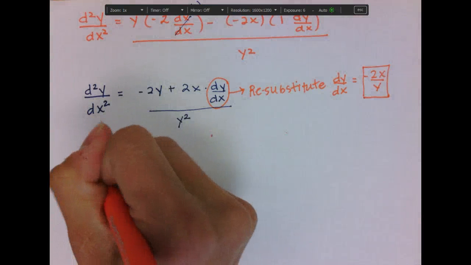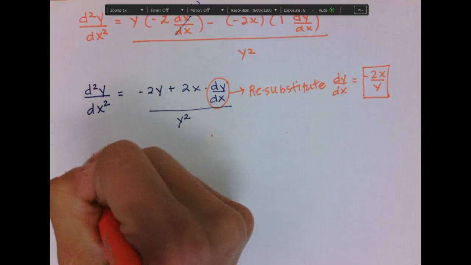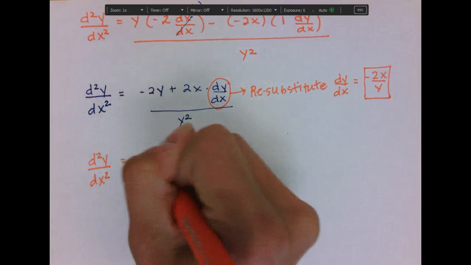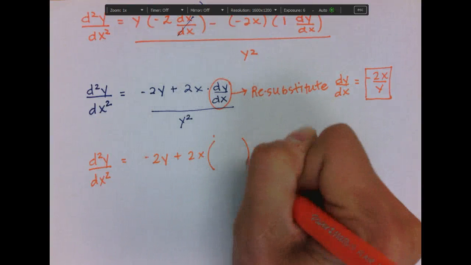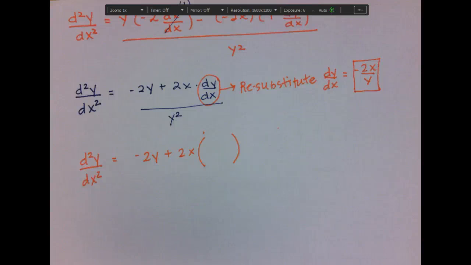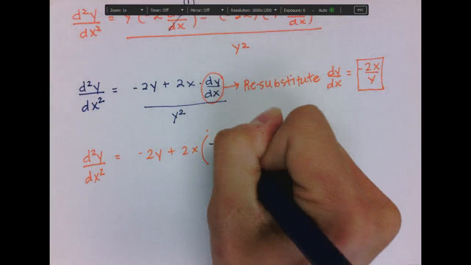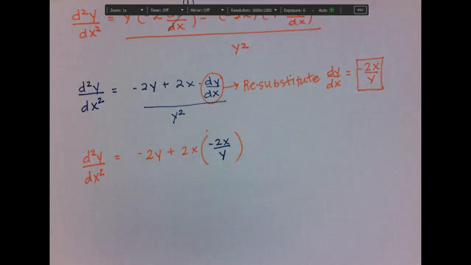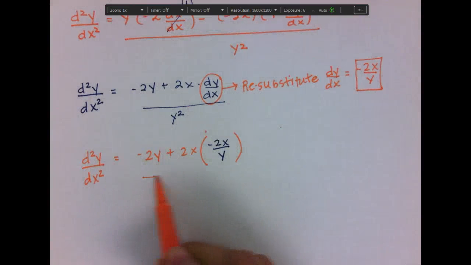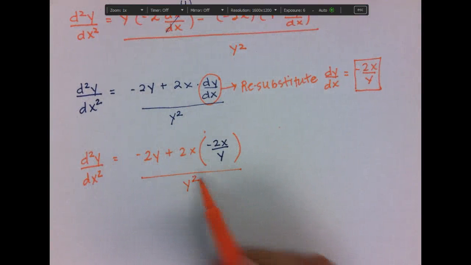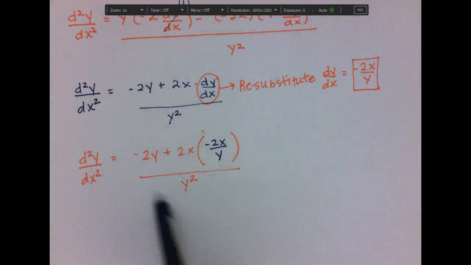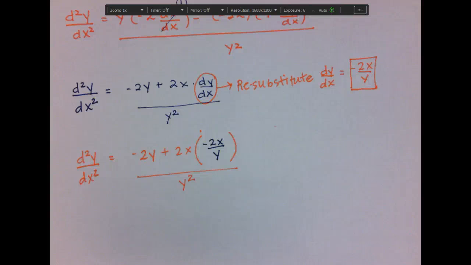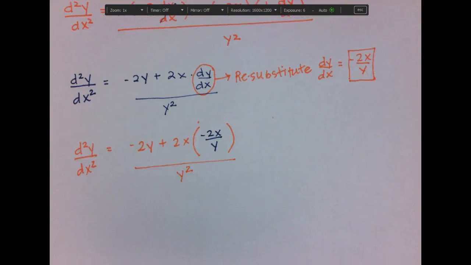So d squared y over dx squared equals negative 2y plus 2x multiplied by the first derivative, negative 2x over y. And we still have the entire thing divided by y squared. And at this point, it's all about algebraic manipulation to get all your variables combined here, all your like terms combined.